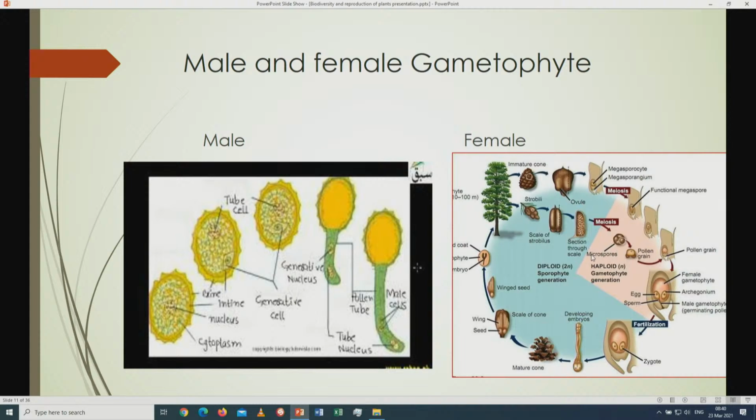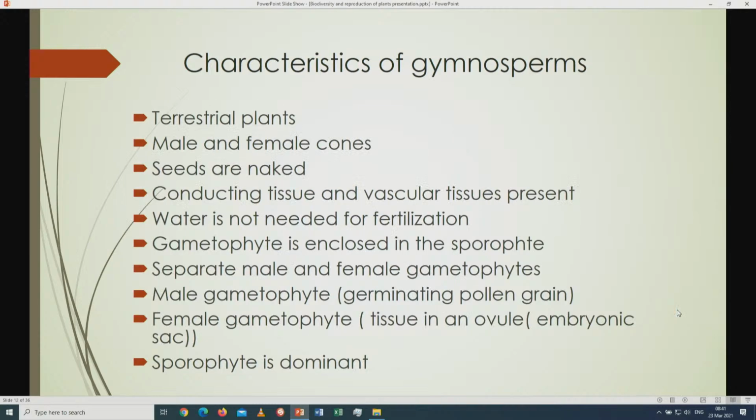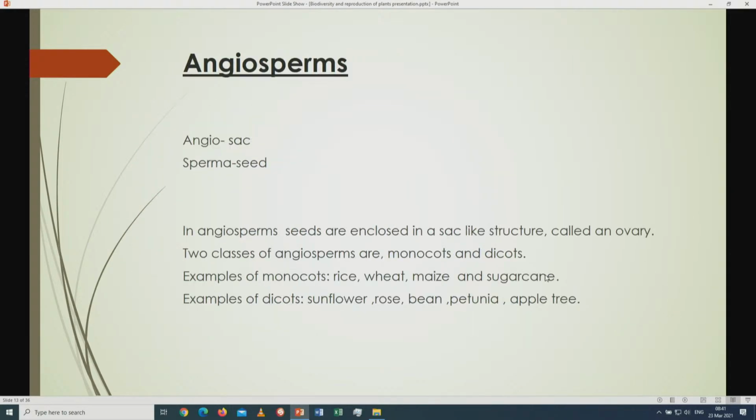So for fertilization to take place in gymnosperms, wind and other agents of pollination must be present. So now these are the characteristics of the gymnosperms that I have just talked about.